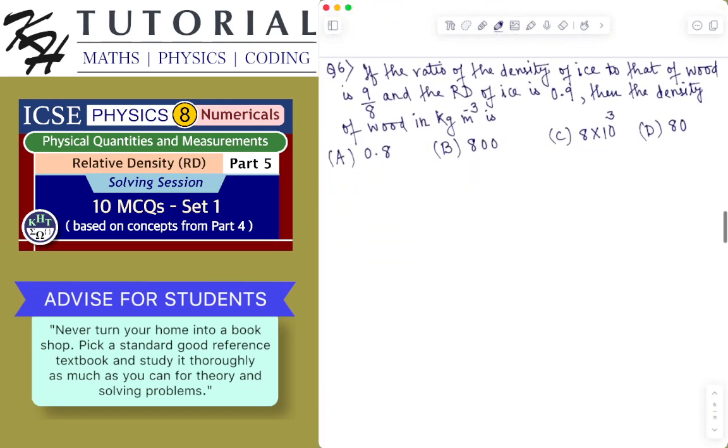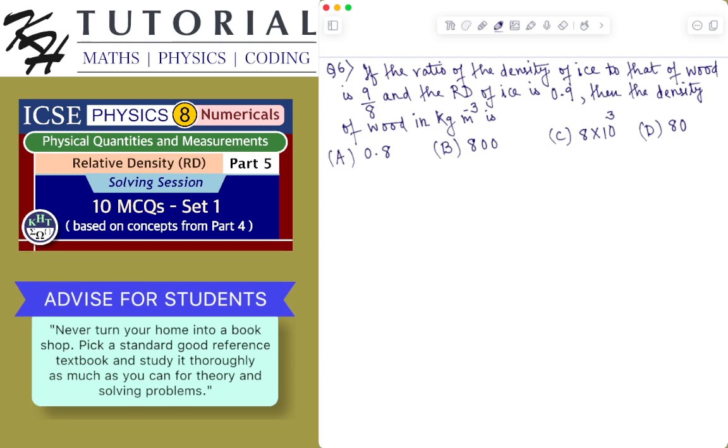Question number 6. If the ratio of the density of ice to that of wood is 9 by 8, and the relative density of ice is 0.9, then the density of wood in kilogram per meter cube is, okay. So we are asked to find the density of wood. Whether it is asking in SI or CGS is not important.